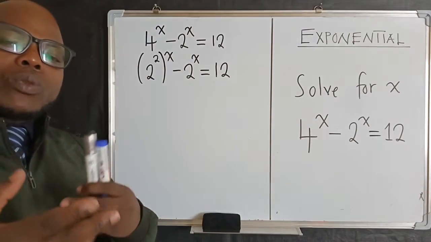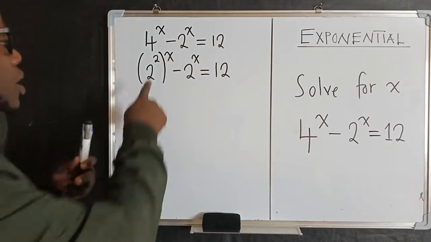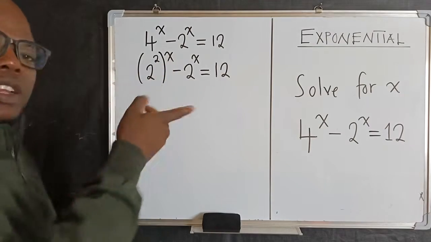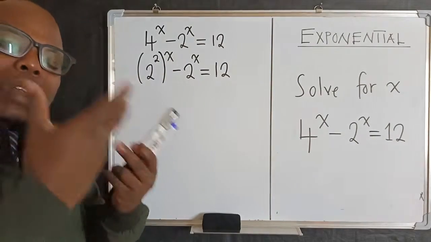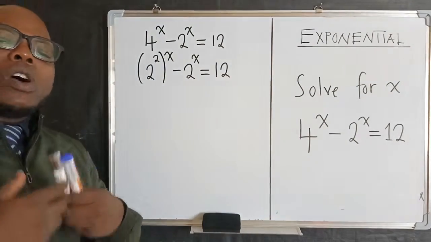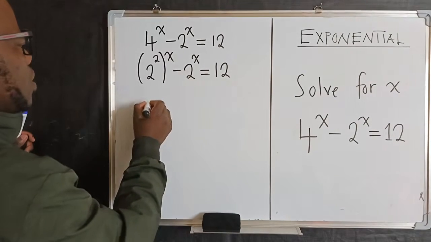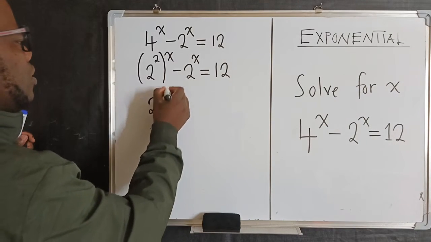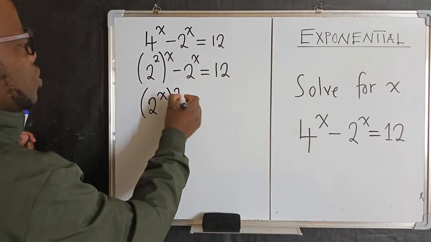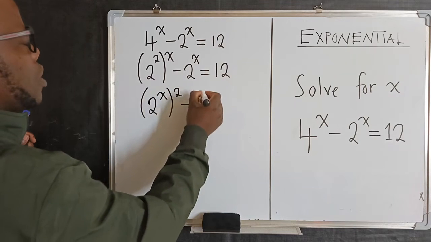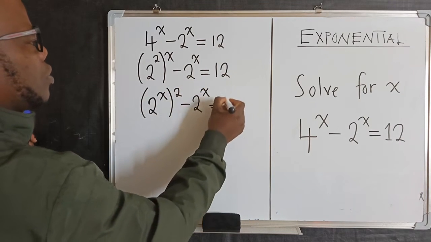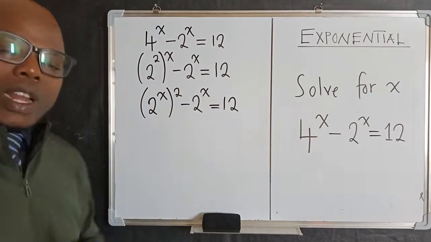Now we need to use what we call commutative. You can see these two powers can switch because they're being multiplied. We know that power to power, we multiply. So we're going to write this as (2 power x) power 2 minus 2 power x is equal to 12.